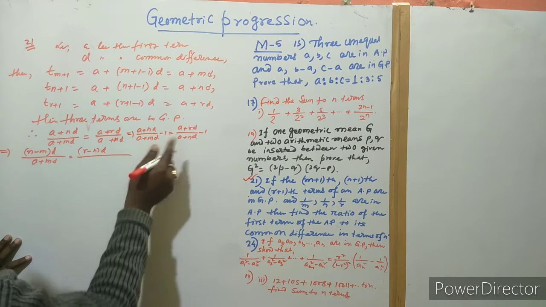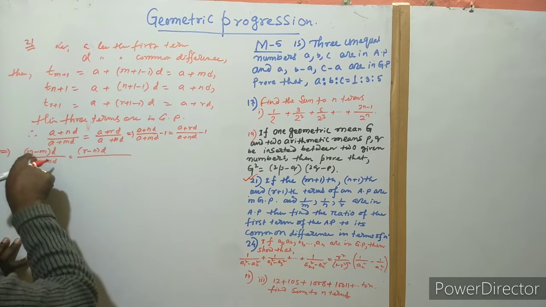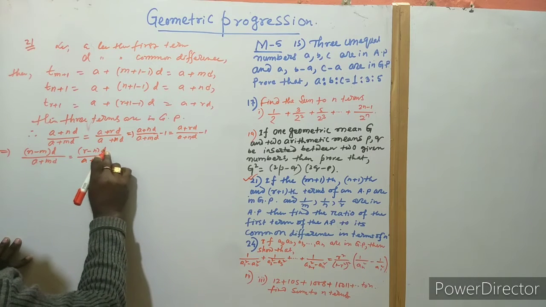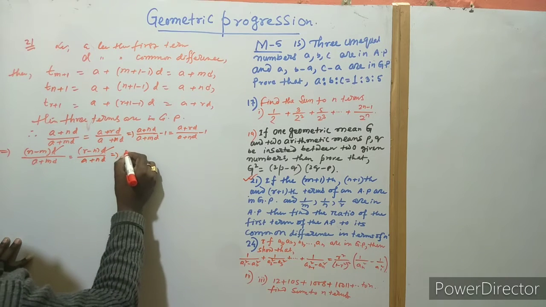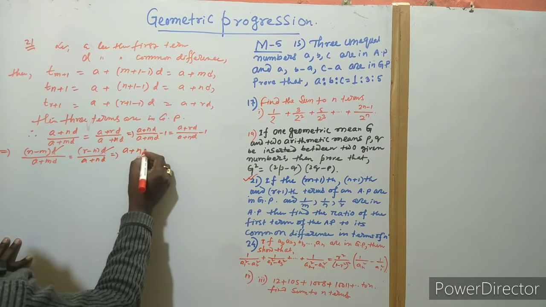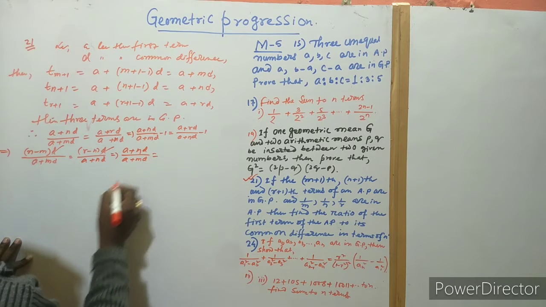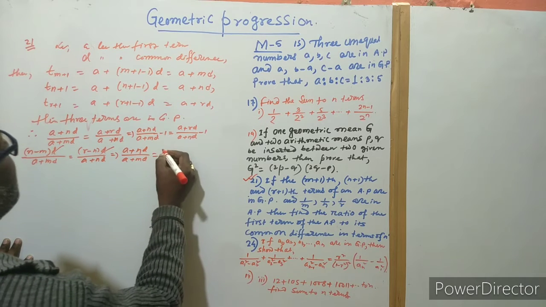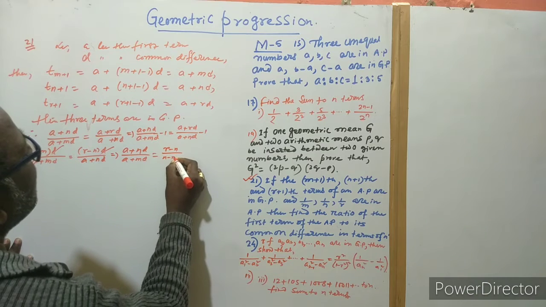If we take the LCM, then A cancels and taking D as common, we get (r minus n) here and (n minus m) here. See, these two D are cancelled, and here again A plus nD. The nD is transferred here, and these are A plus mD. Now see, the relation here is (r minus n) by (n minus m).